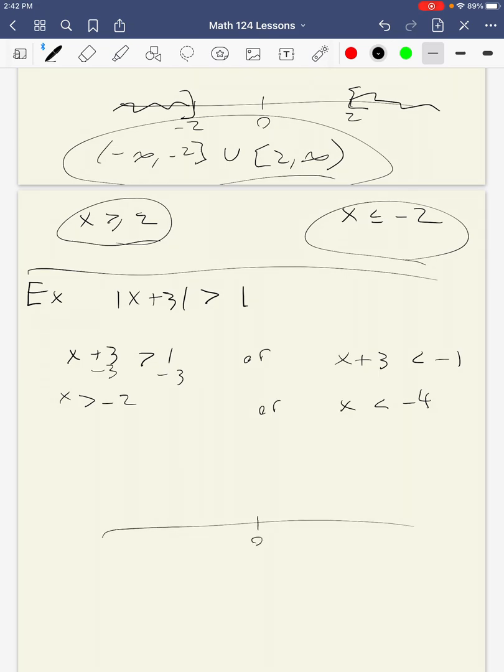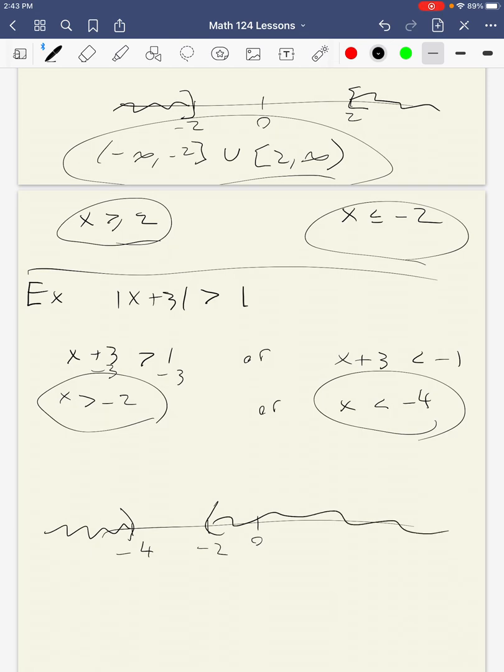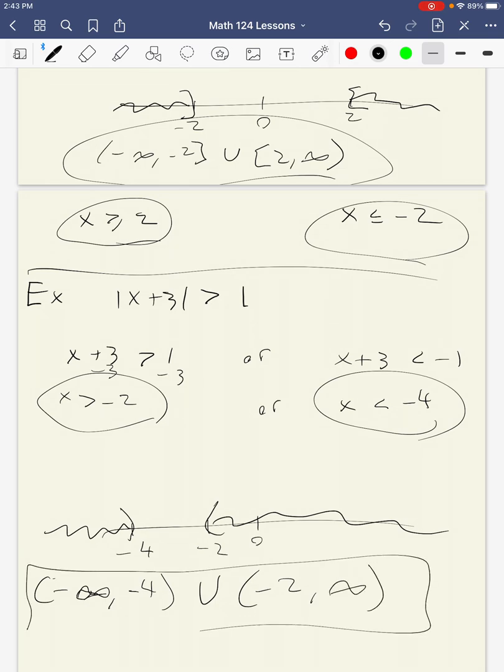So there's the number 0, there's -2, there's -4. So this is saying that we want numbers less than -4. This is saying numbers greater than -2. So our solution is minus infinity to -4 or -2 to infinity.